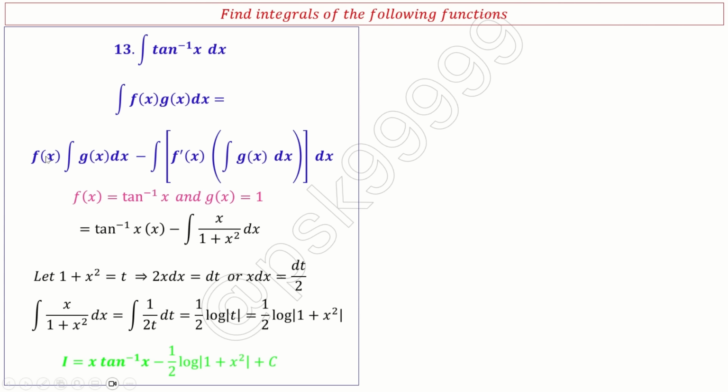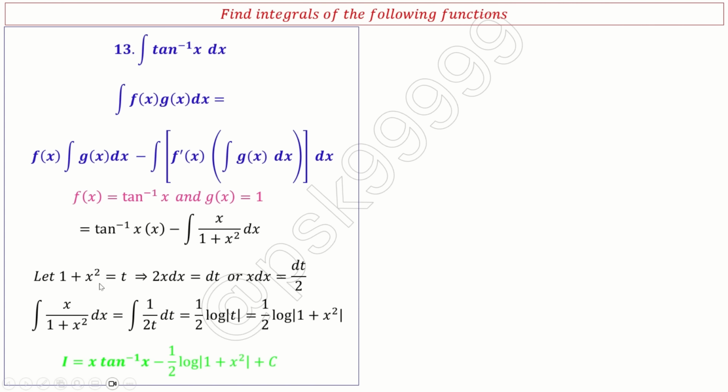Okay, if I apply the formula, integration of 1 is x. So it becomes tan inverse of x into x minus integration of the derivative of tan inverse of x, which is 1 by 1 plus x square, times the integral of 1, which is x. So this is what I need to integrate now, right? This is simple. I have x square here, I have x dx here.